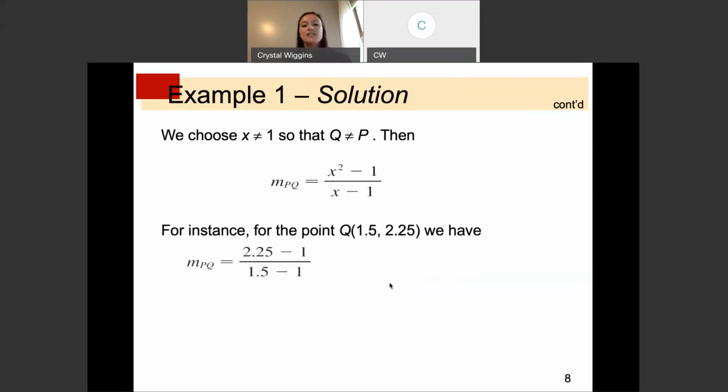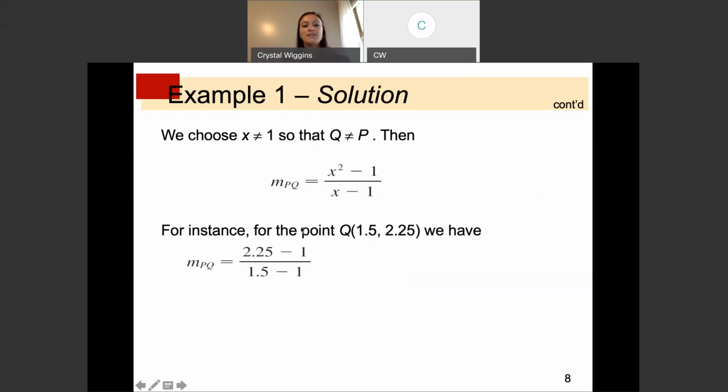So for instance, let's say we decided to put in the value 1.5. So that is half of a point away from our designated intersection point for the tangent line. So this 1.5, we put it into x squared. 1.5 squared comes out to be 2.25.